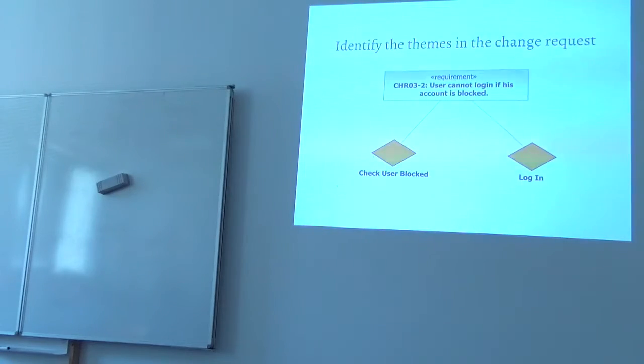And one theme in this requirement is that you need to check whether the user is blocked, and the other is the login theme. This is the basic theme view.